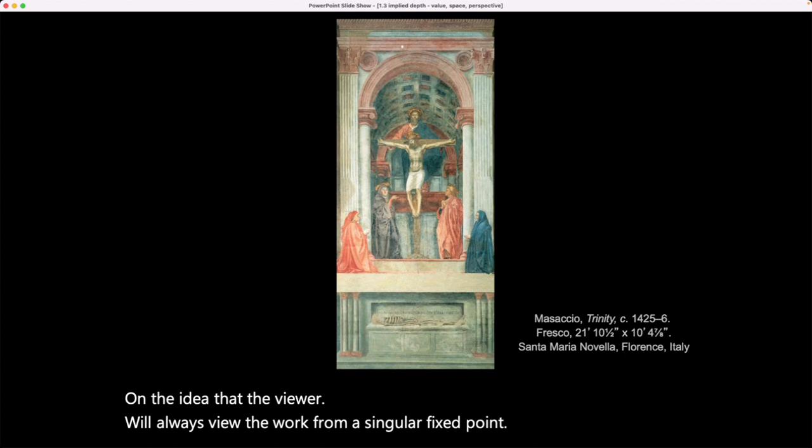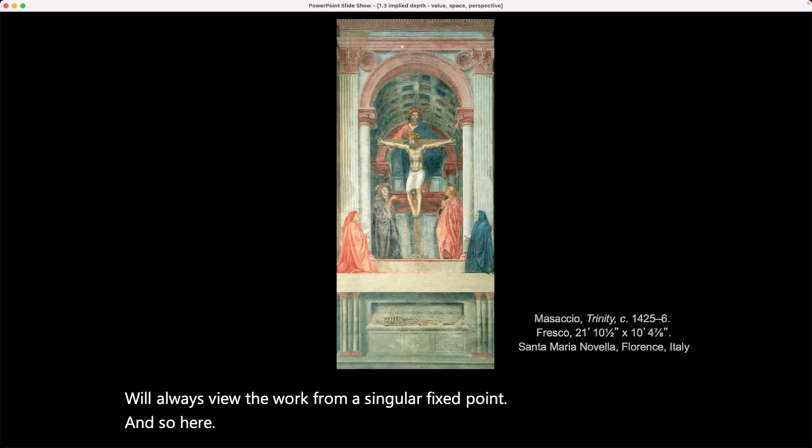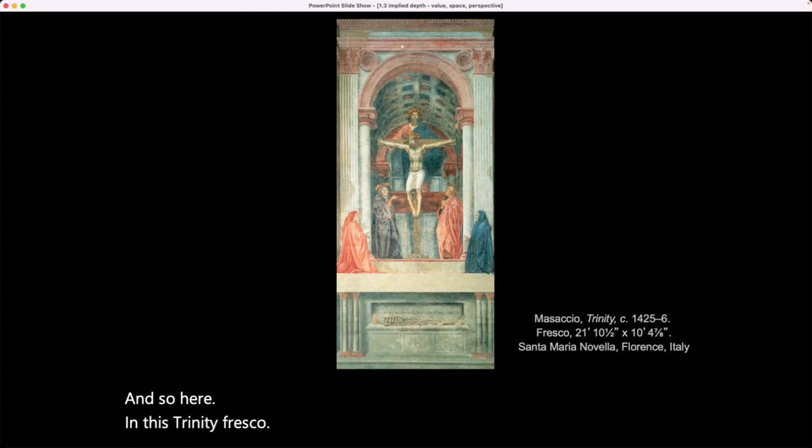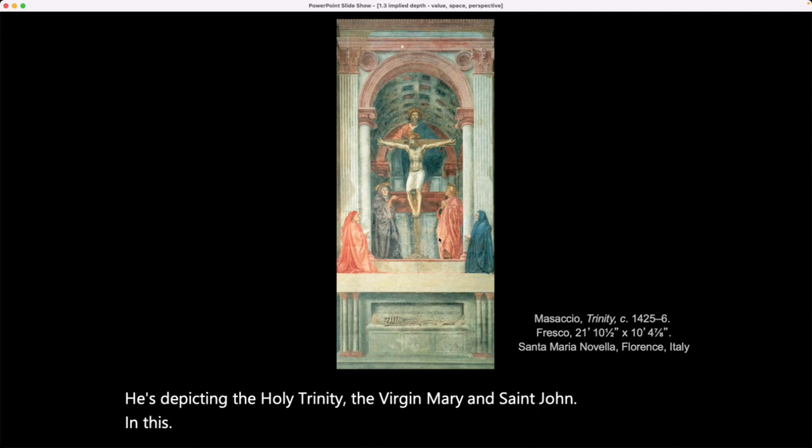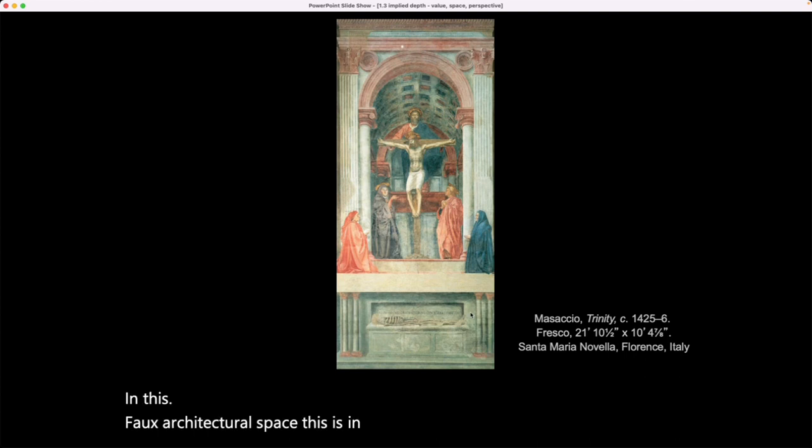And so here in this Trinity fresco, he's depicting the Holy Trinity, the Virgin Mary, and St. John in this faux architectural space. This is in the Santa Maria Novella in Florence, Italy.